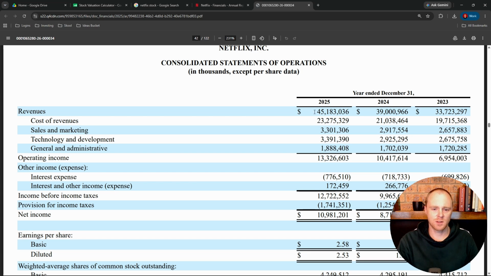That means that the margins are increasing, which is really good. We want to see that. Some of these other things, so sales and marketing, technology, and general admin have increased as well. But it's really good to see that the cost of those revenues isn't growing at the same pace as the revenues.